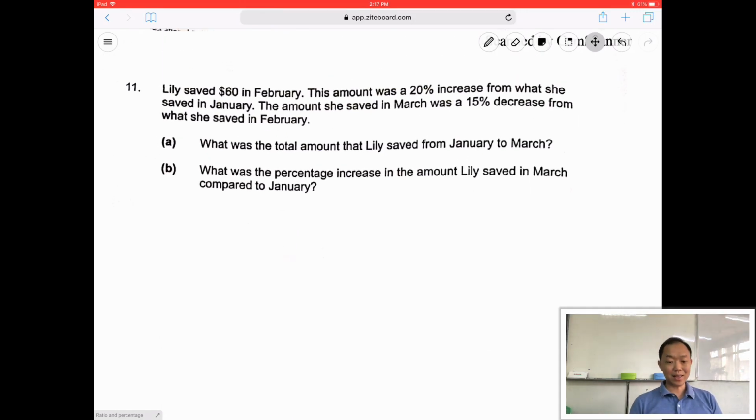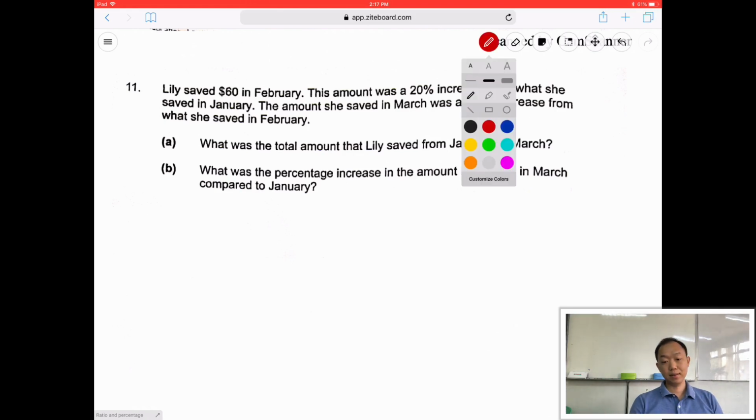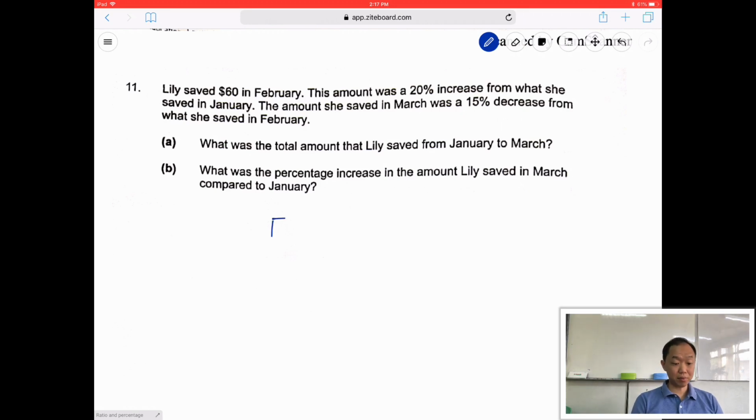Final question, 2018. So Lily saved $60 in February, a 20% increase from what she saved in January. So this is $60. This is a 20% increase, so this is 120% from January.